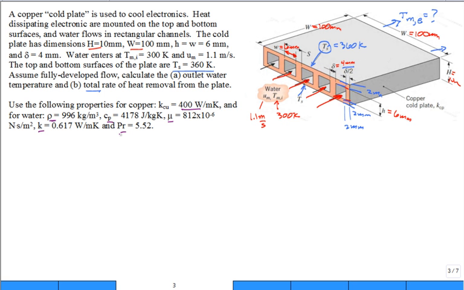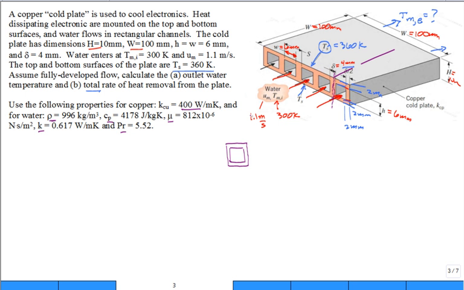Well, there's a couple ways of solving this problem. Probably the easiest is to go ahead and exploit symmetry, but not really the smallest symmetry section. If I cut this webbing right here down the middle and I just go that way, what I have is a square channel for the water to flow, and then I have copper surrounding it like that.